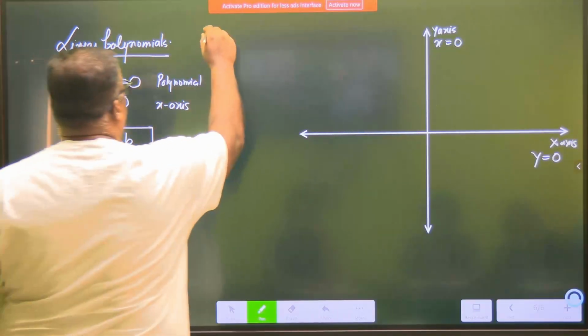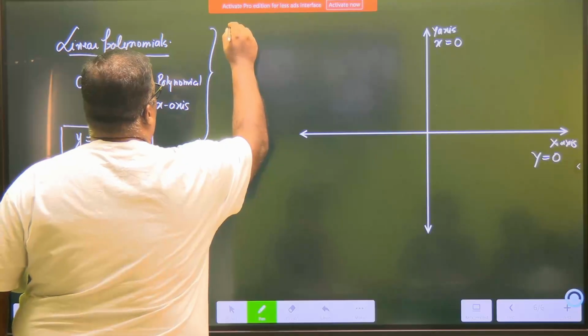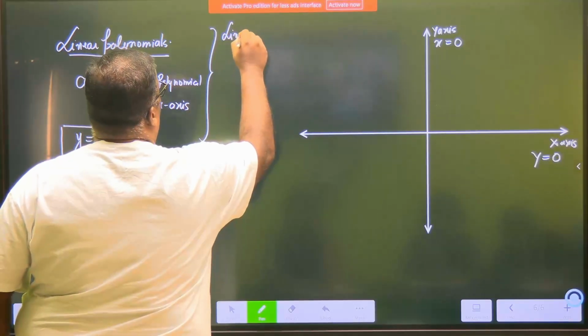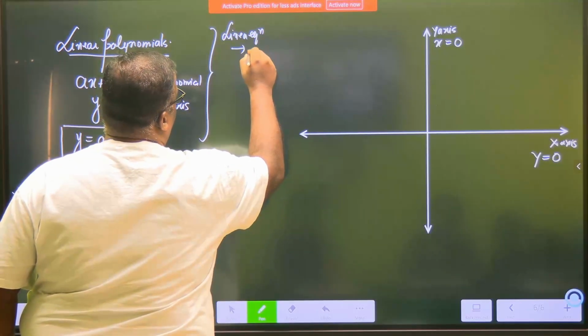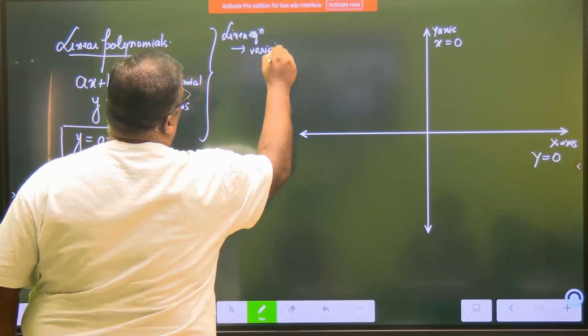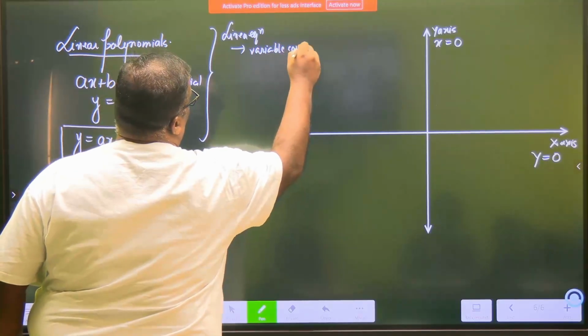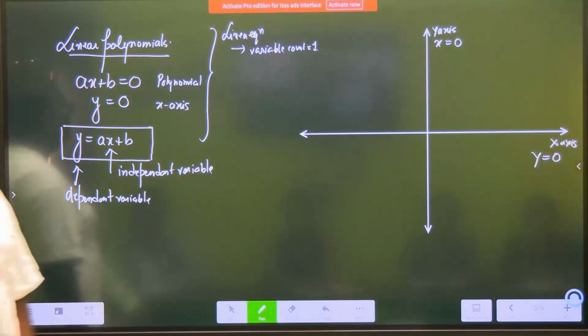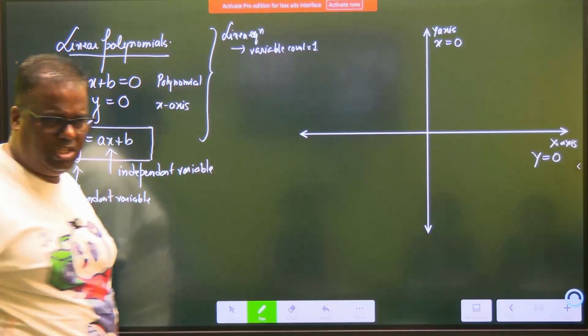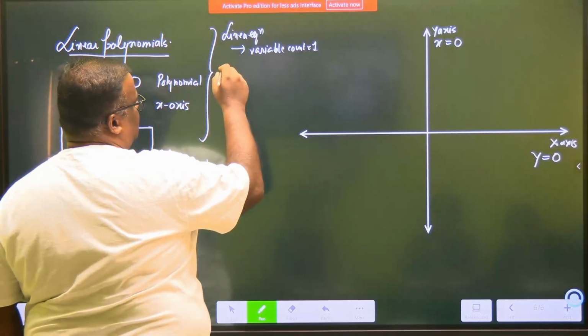One more interesting thing. If you have a linear equation, how many variables do you have? Your variable count will always be 1. This is called a linear equation in one variable, which in grade 6 and 8 you have solved.